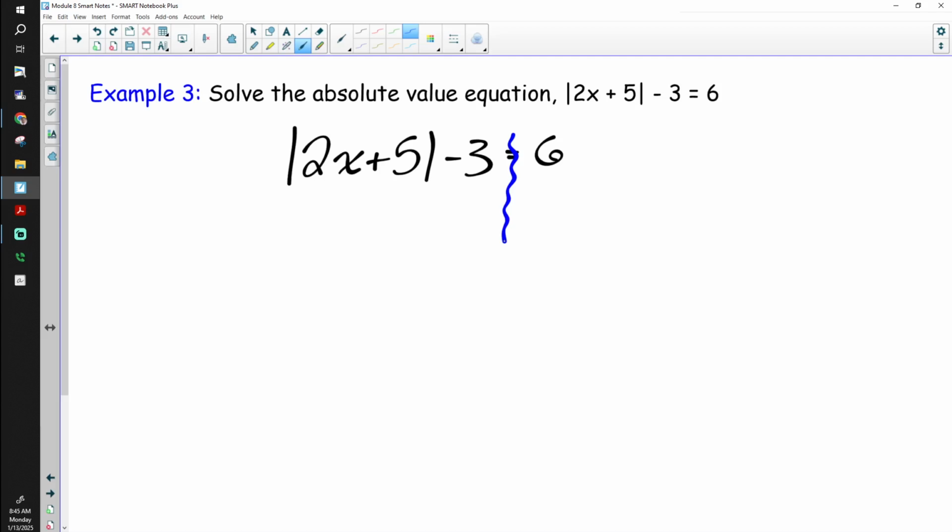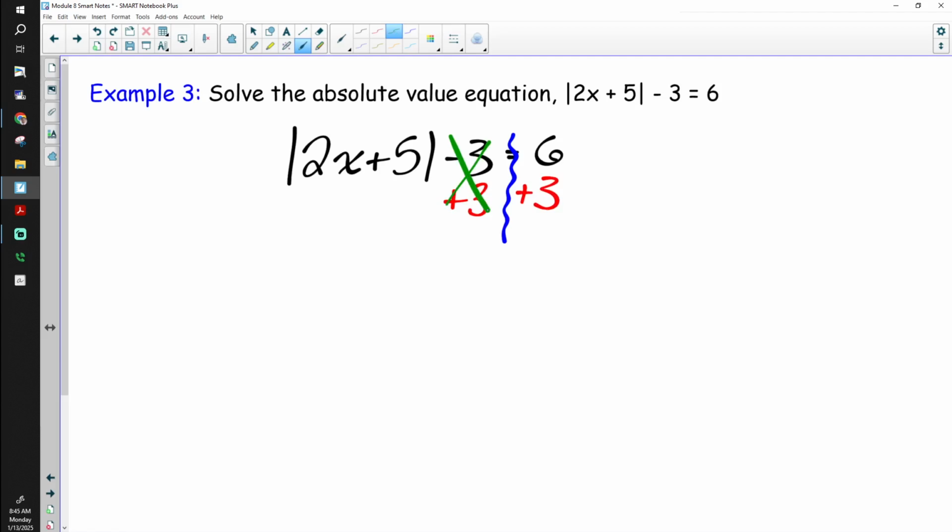Before you set up your two cases, what do you have to do first? We have to add the 3 to both sides because you have to get the absolute value and everything on the inside by itself first. I can't set up my two cases yet until it's just absolute value on one side. So we're going to have to do the opposite, which is to add 3 first.